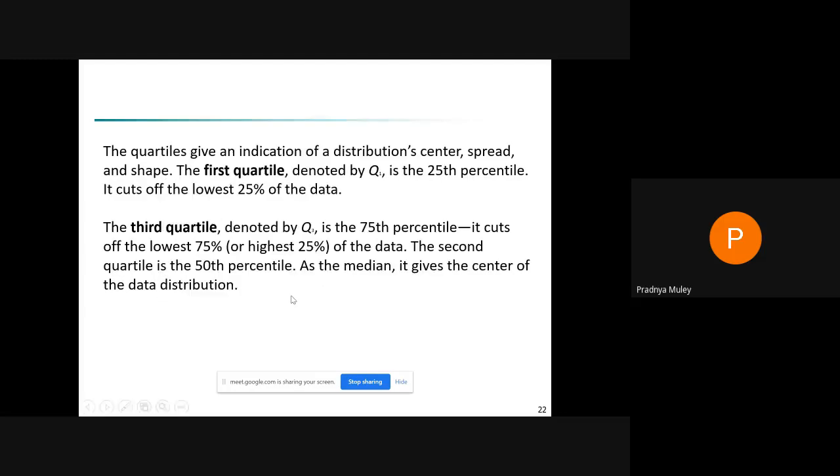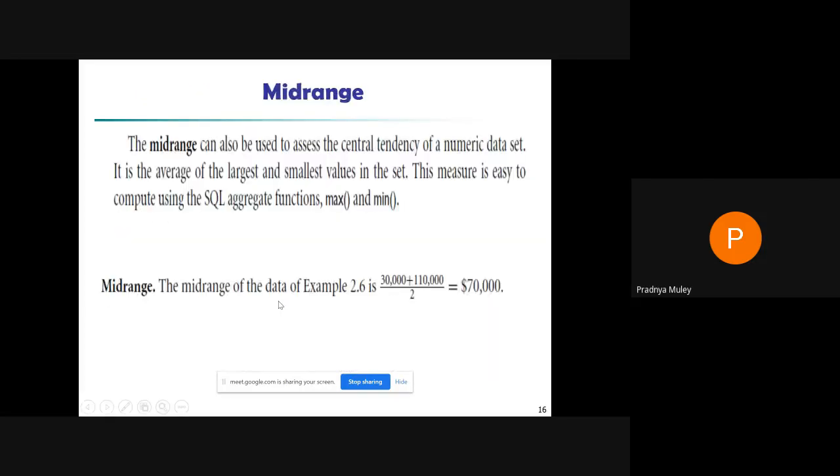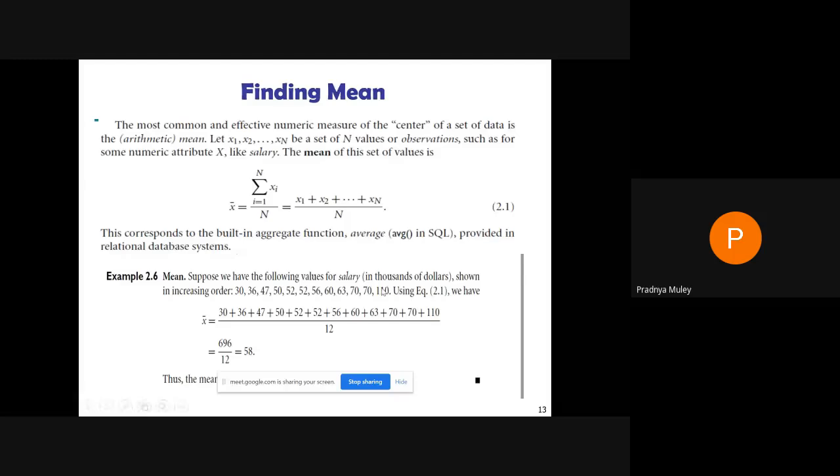Let us consider the example we have seen. How many values were there? There were 12 values. If we divide this data into four equal sets, then 47 will be the first quartile, 52 will be the second quartile, 63 will be the third quartile, and 110 will be the fourth quartile.